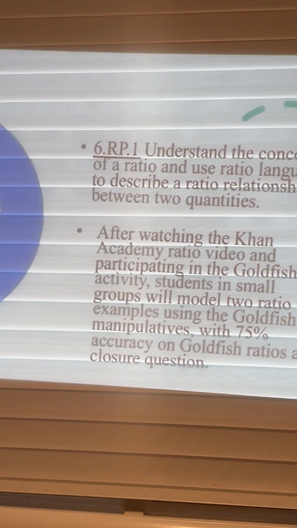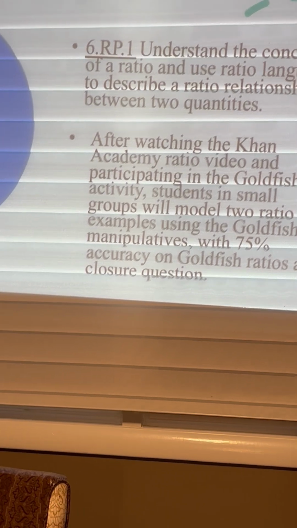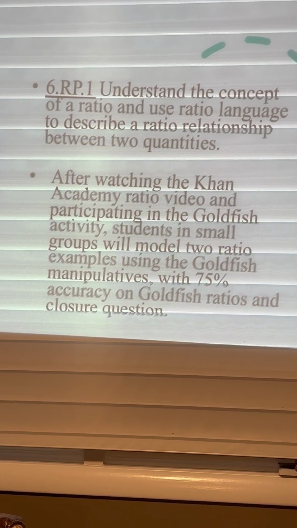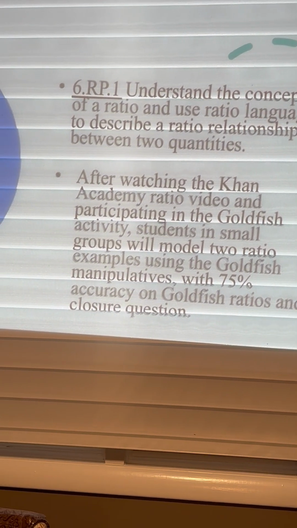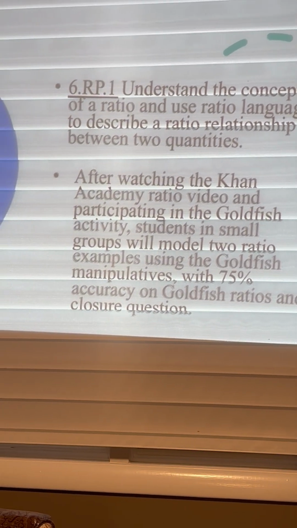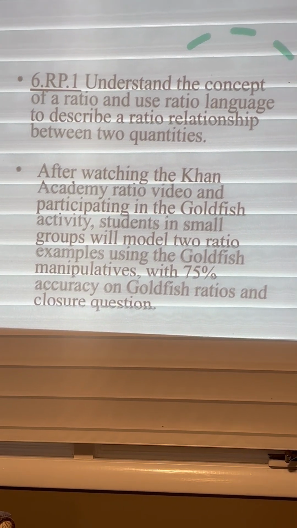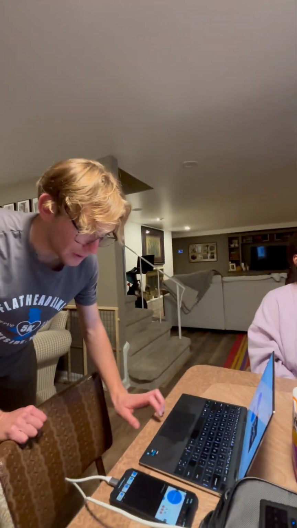After watching the Khan Academy ratio video and participating in the goldfish activity, students in small groups will model two ratio examples using the goldfish manipulatives with 75% accuracy on goldfish ratios and closure questions.